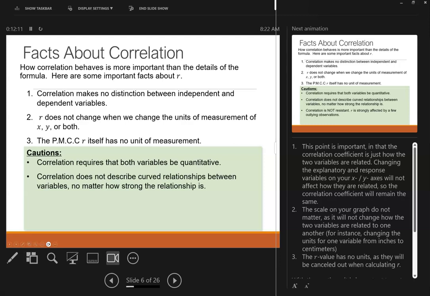The R value doesn't describe any curved relationships, no matter how strong that curved relationship may be. We'll talk about another measurement later on where we're able to do that. And we say correlation is not resistant, i.e. that value for R can be strongly affected by just a few outlier observations.